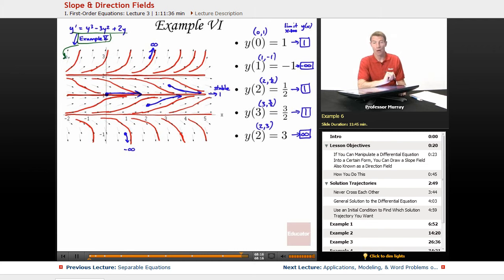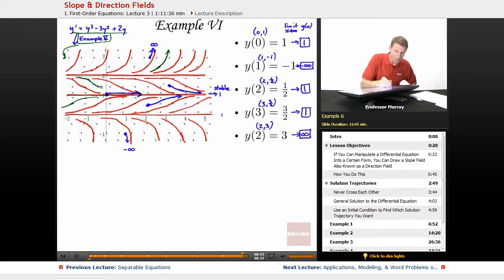What we did with this example in example 6 was we colored in some solution trajectories. That's what I did in red here. And I did that just by following, let me do a couple more in green, by following the arrows wherever I saw them. So I'm trying to keep my solutions always tangent to the arrows. And I'm also remembering that these solution trajectories never cross each other.